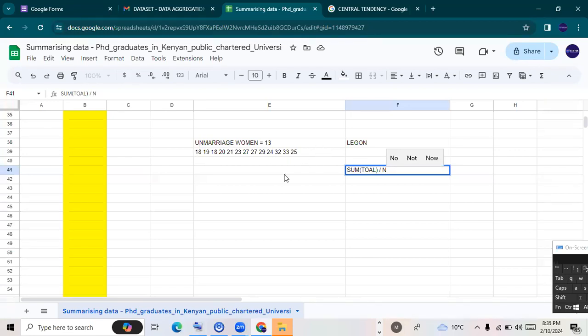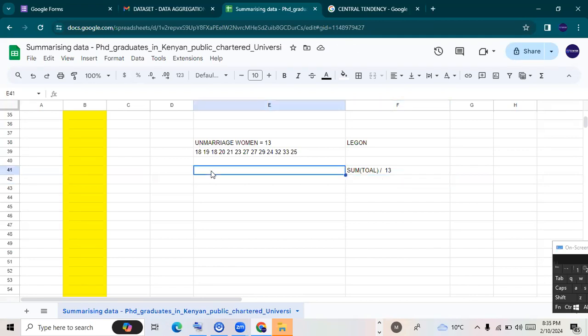So 13, right? So the number is 13, which will give us an average. Okay, let's do it and see.